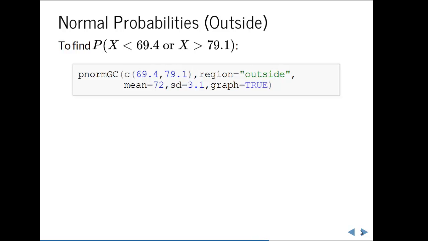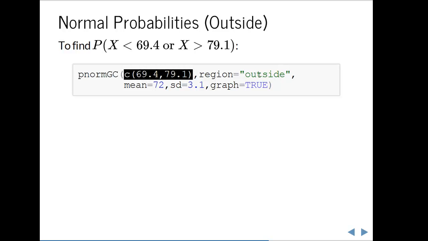So like I said, one region that we didn't look at in part 2 with pbinom_gc was region equal outside. Suppose we wanted to know the probability that the random variable x took on a value less than 69.4 or it took on a value greater than 79.1. We would enter these two bounds in as a list using the concatenate function here, as we did before.